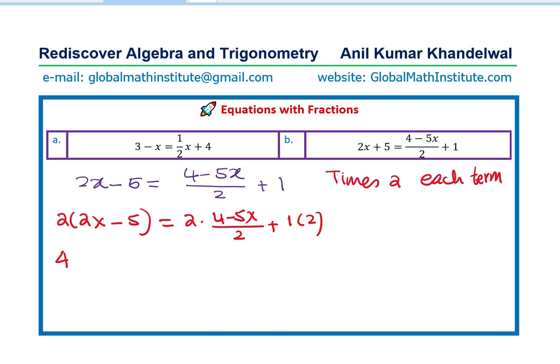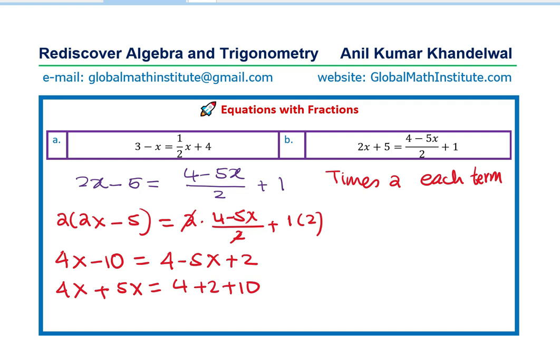Open the bracket, you get 4x minus 10 equals to, this 2 cancels, that was the reason, 4 minus 5x plus 2. Now you can bring x's together. We have 4x plus 5x equals to 4 plus 2 plus 10. And that gives you 9x equals to 6 plus 10, 16.